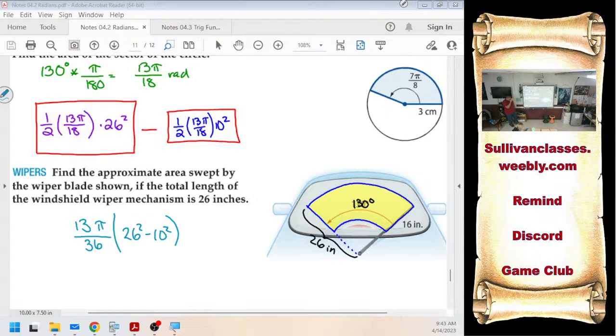So it's going to be 144? Oh, that's divisible by 9.